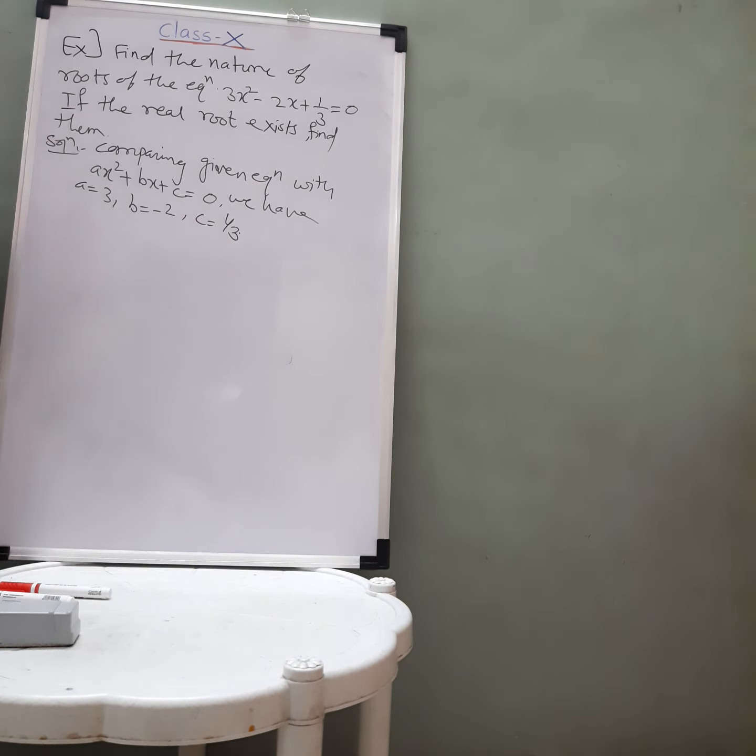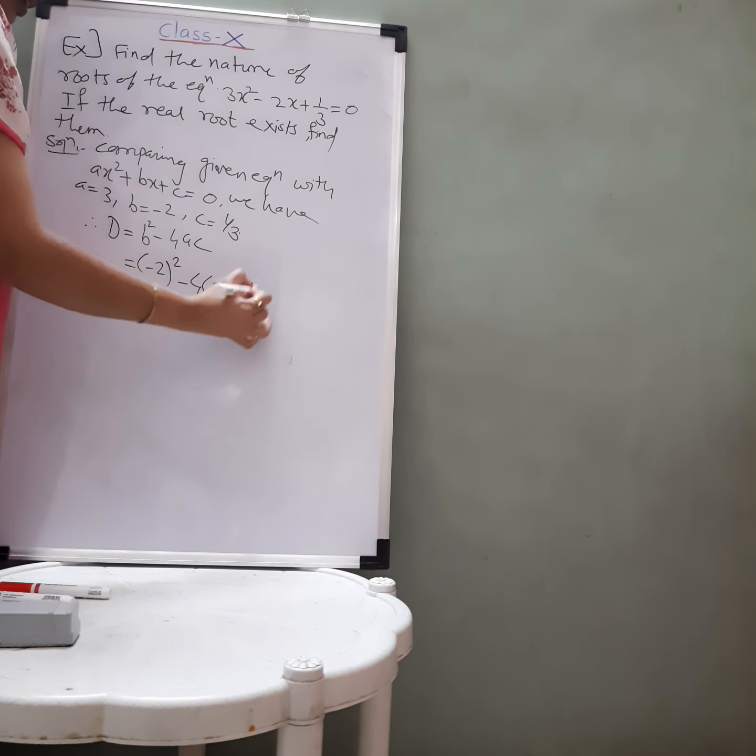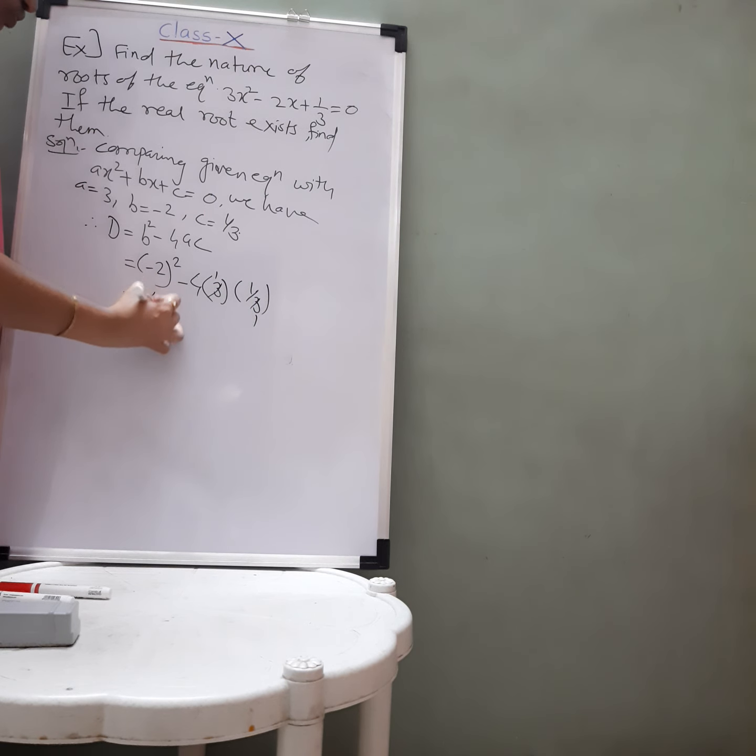Now substitute in D is equal to b square minus 4ac. Here b square is minus 2 square minus 4 into 3 into 1 upon 3. It will be 4 minus 4, which is equal to 0.